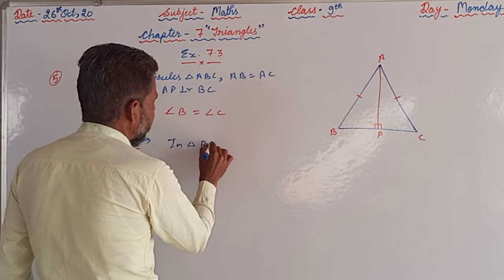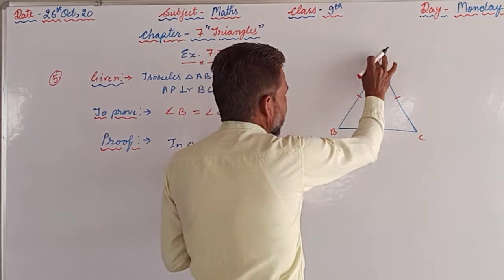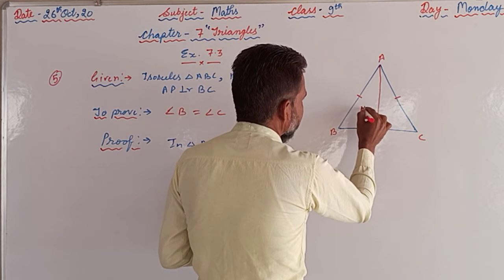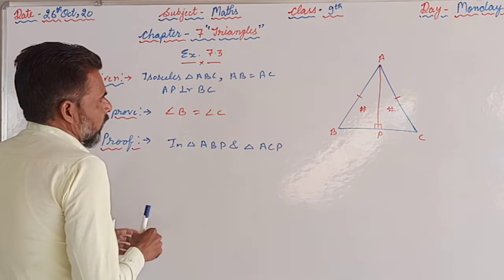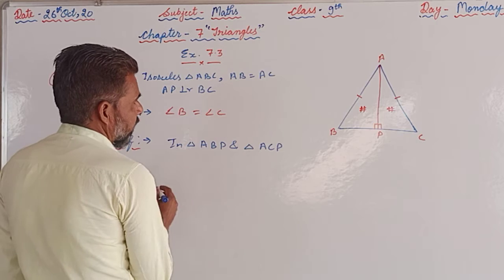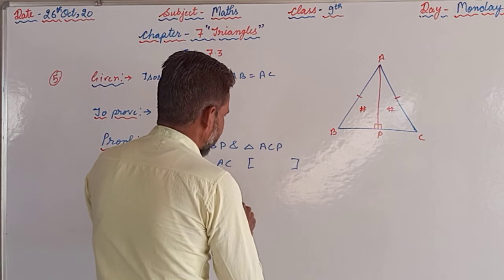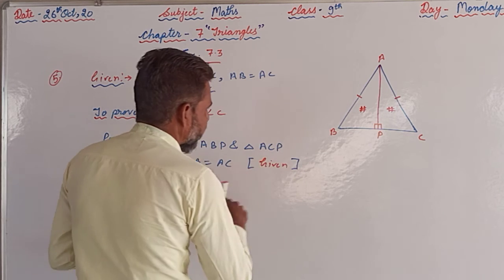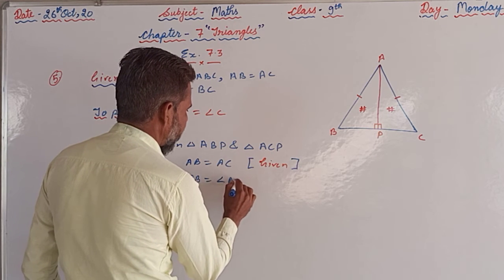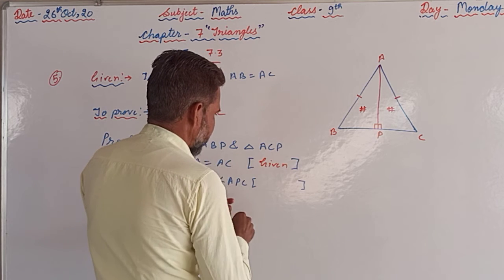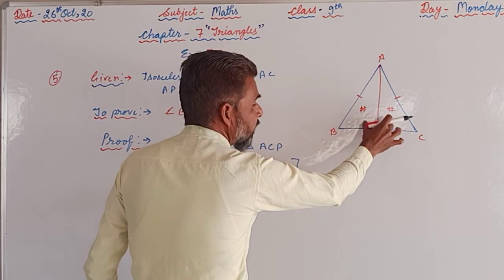In triangle ABP and triangle ACP, ABP means this triangle and ACP this triangle. So from here we can see that AB is equal to AC, that is given, and angle APB is equal to angle APC, that is 90 degrees each, that is given, 90 degree altitude.